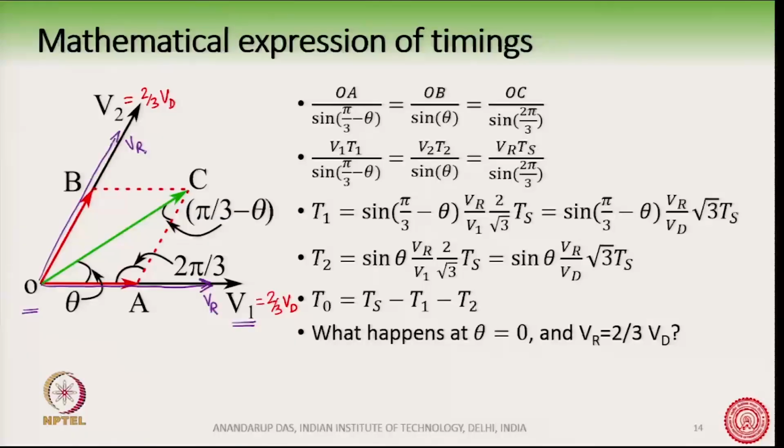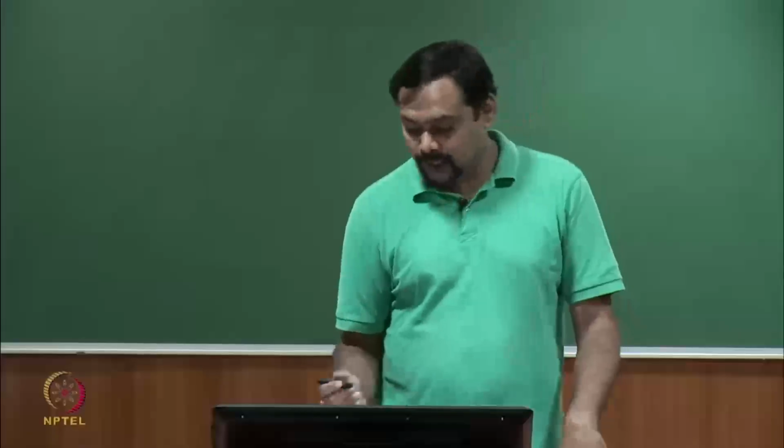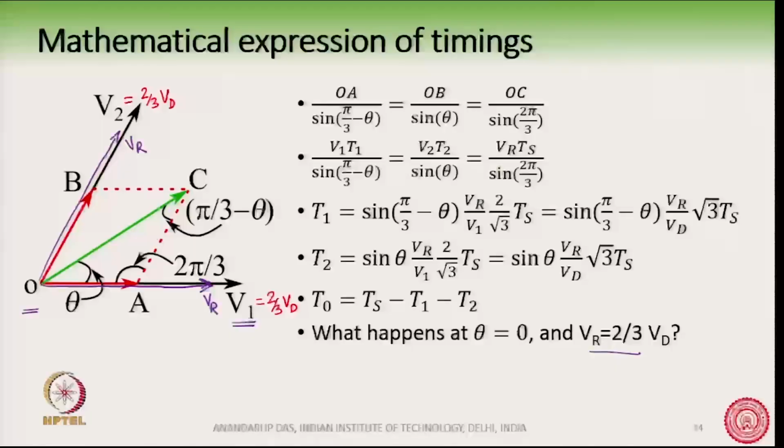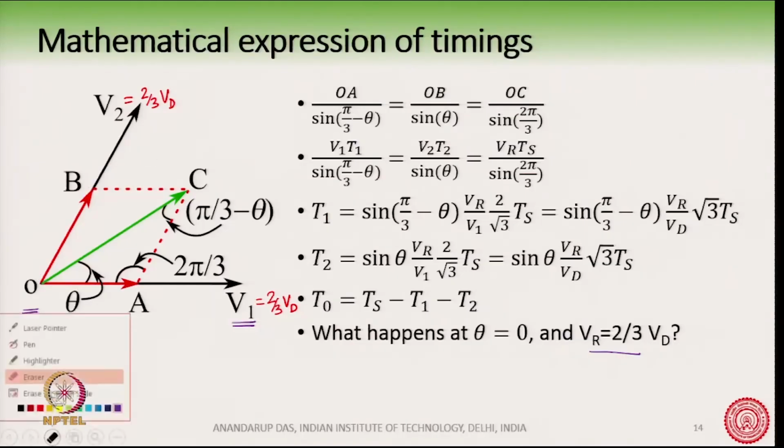What will happen? Let us take another example, this one. What will happen if VR is equal to 2/3 Vd? If VR is this one, this is VR is equal to V1 is equal to 2/3 Vd.